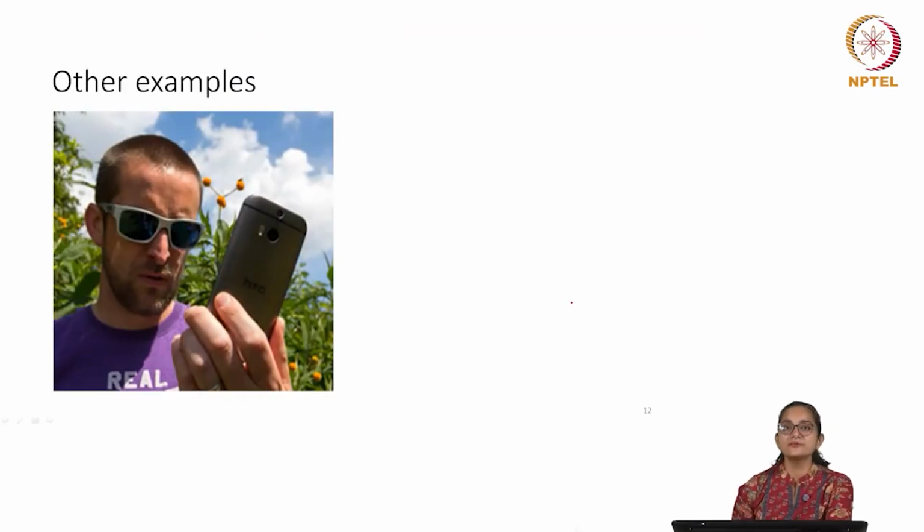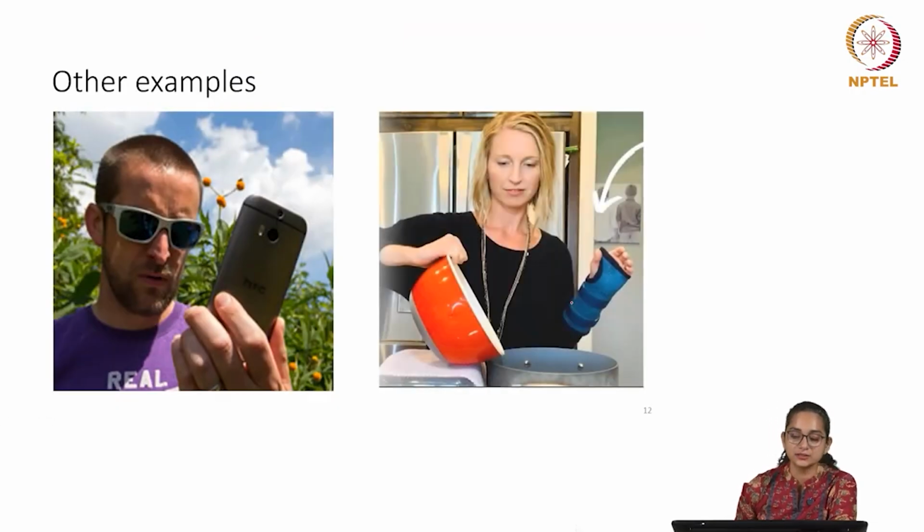Other examples, I think we have had a discussion about it, are cases or situations where people are not able to use their abilities to the fullest because of situational hindrances. For example, we have all experienced this when we want to see something on our phone in broad daylight, but we are unable to see the screen.